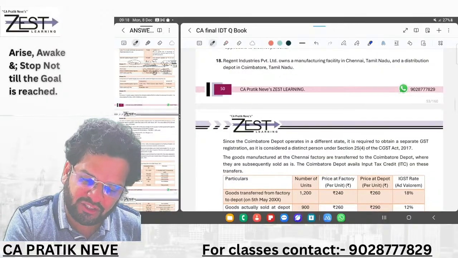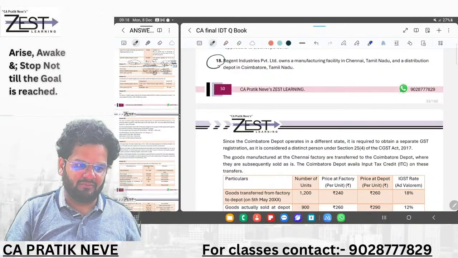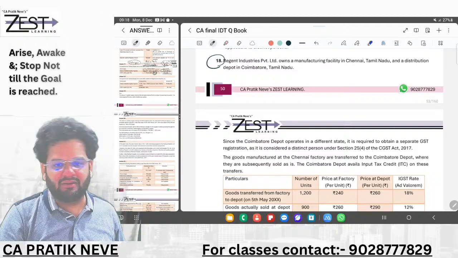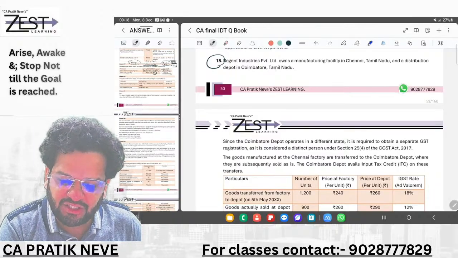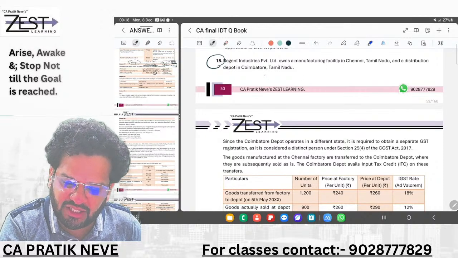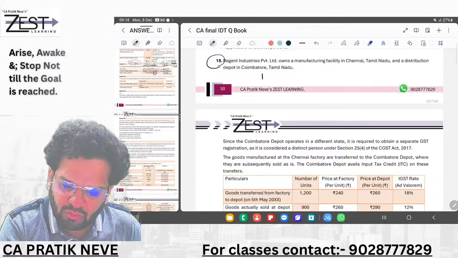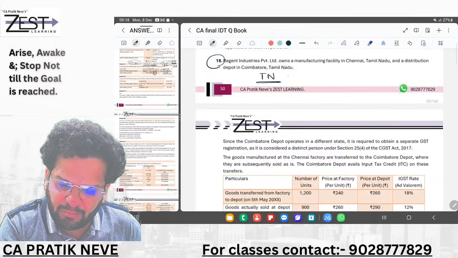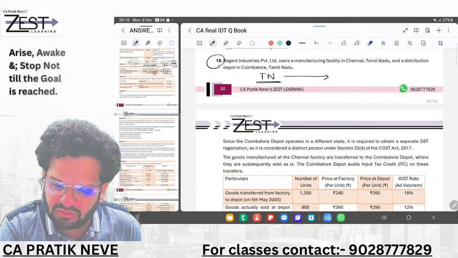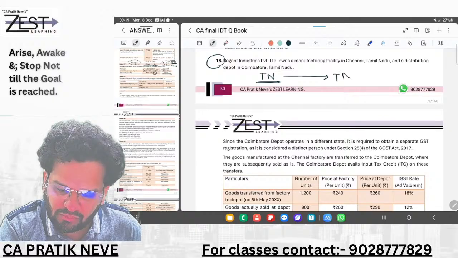So now questions on similar lines, but you may end up applying another clause. See, Regent Industries Private Limited owns a manufacturing facility in Chennai, Tamil Nadu. And the distribution depot is in Coimbatore, Tamil Nadu.